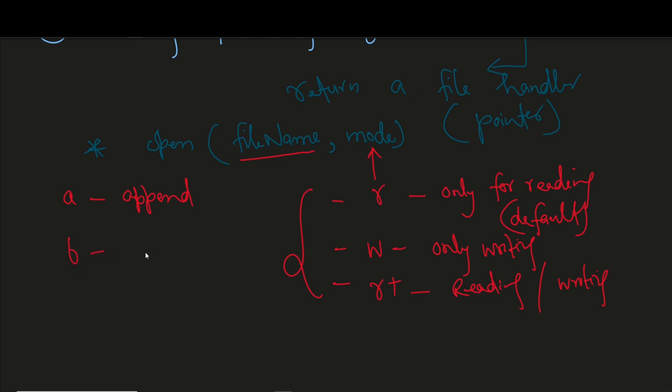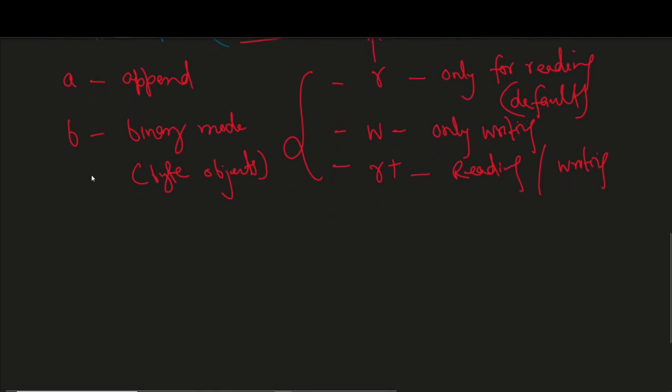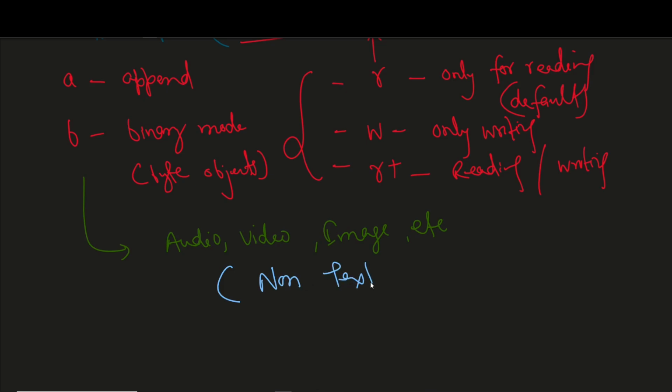There is another mode, b. This opens the file in binary mode, so data is read and written in the form of byte objects. We use binary mode when we have files like audio, video, image, etc. So this mode will be used when we have non-text files.